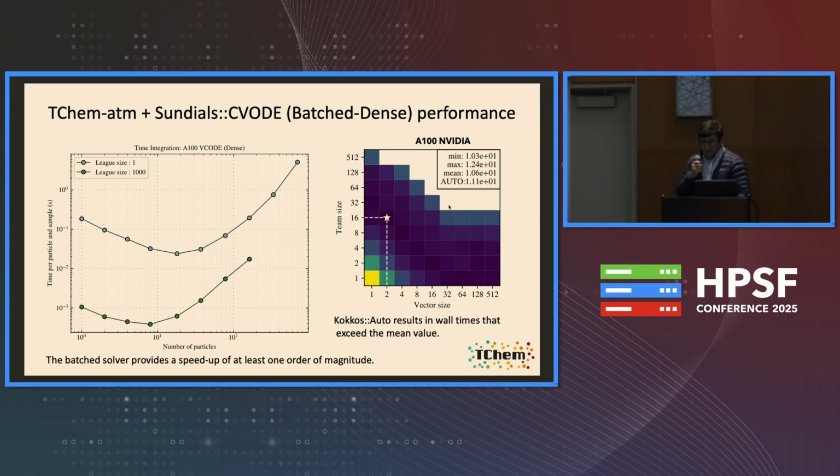One interesting thing when we use 1,000 as the batch size was that in this case Kokkos Auto didn't give us the best performance, actually something over the mean. So this is interesting, but it means we need to rely more on seeing how we can tune these two parameters.